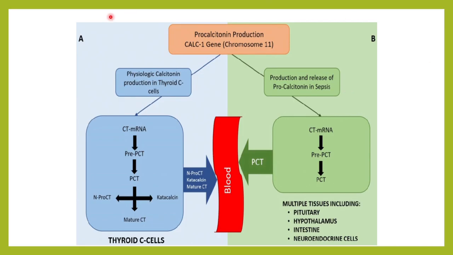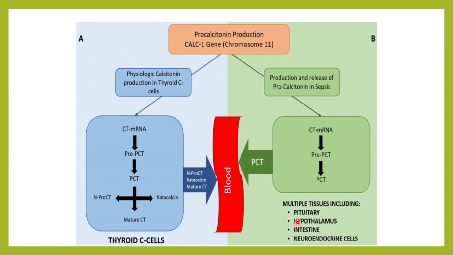So this is how it is. In normal physiological conditions, the thyroid C cells in your thyroid gland produce procalcitonin. But in case of sepsis or a bacterial infection, what happens? Procalcitonin starts getting produced by various other tissues: your pituitary, hypothalamus, intestine, neuroendocrine cells, lungs.